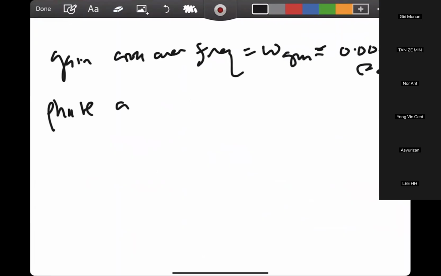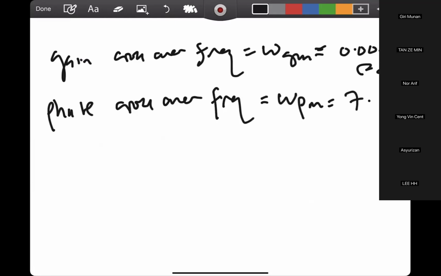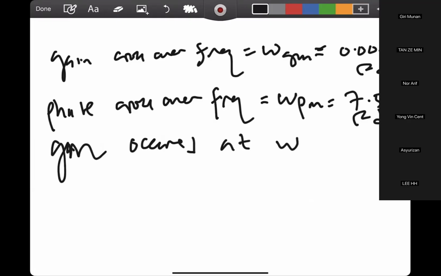Phase 7.5, okay? So, gain margin occurred at Omega PM.